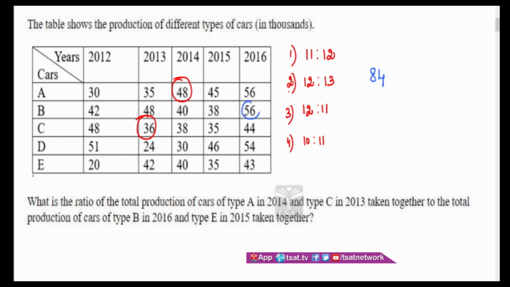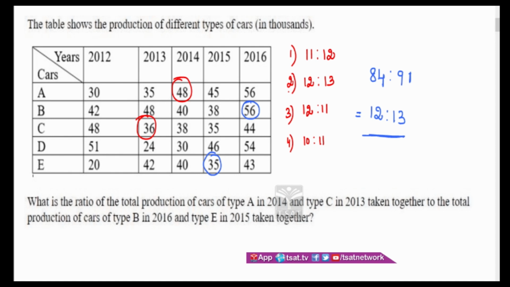Type B is 56, and type E cards in 2015 are 35, so you have to be very careful when you are dealing with them. It's actually 91, 56 plus 35. When you take the ratio, the simplified ratio is 12:13. So the answer here is 12:13.